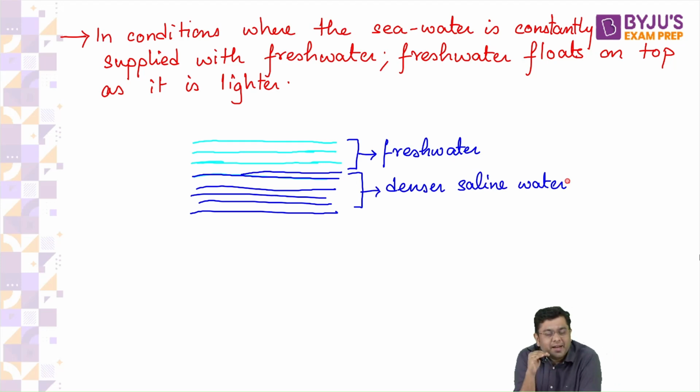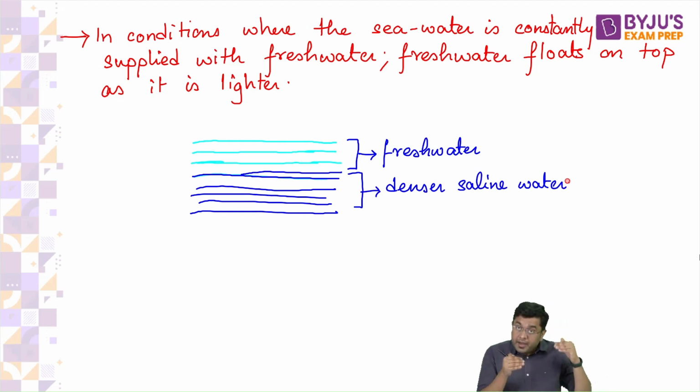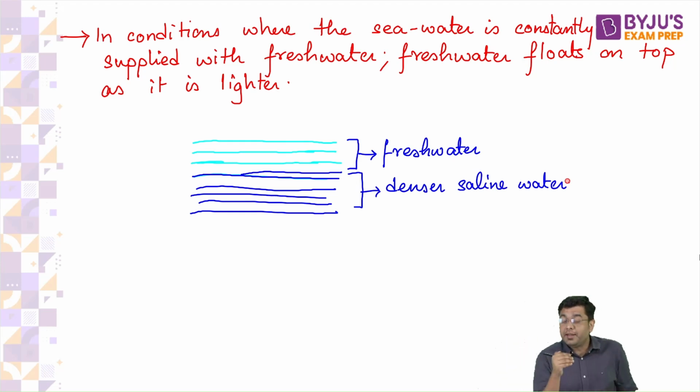So can we say that there is an arrangement in the form of layers, and that is what we refer to as stratification. Stratification basically is derived from the term strata, which means layers. So stratification of oceanic water here refers to arrangement of oceanic water in various different layers, right?